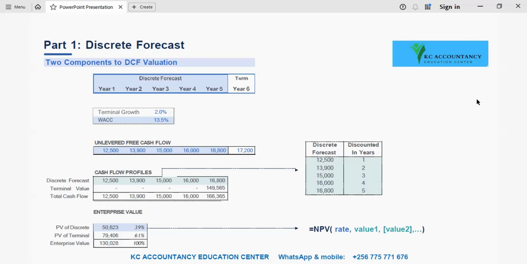What we are going to discuss here is the item shaded in blue.